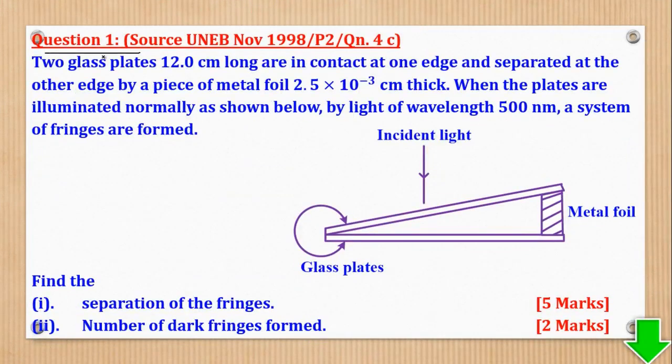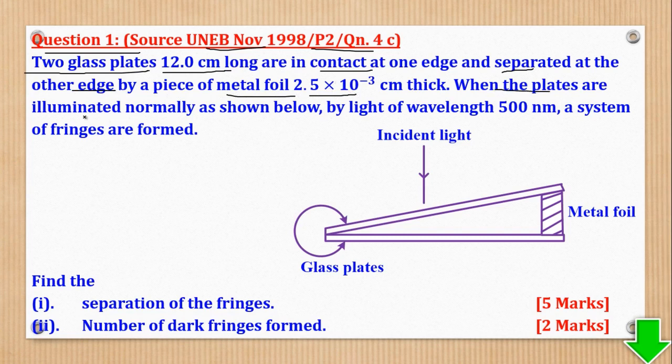Okay, so with that we shall go through these questions. Question 1 came from UACE of November 1998, paper 2, question 4C, and it says two glass plates 12 centimeters long are in contact at one edge and separated at the other edge by a piece of metal foil which is this many centimeters thick.